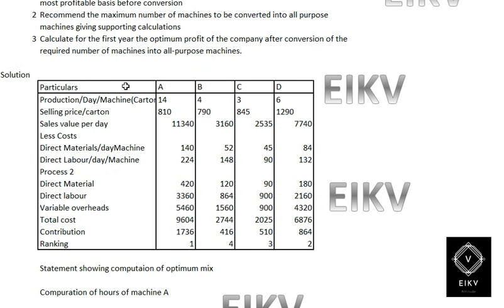Right, so for starting the solution, we have columns for A, B, C and D. Production per day per machine, cartons: 14, 4, 3 and 6. Selling price 810, 790, 845 and 1290.